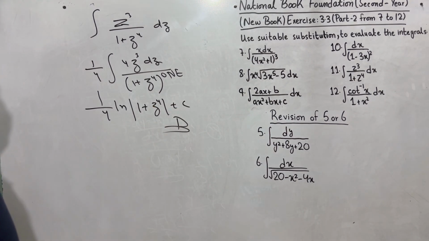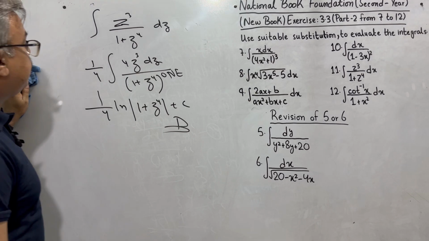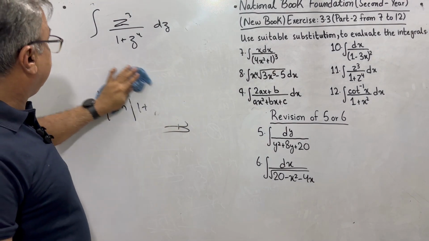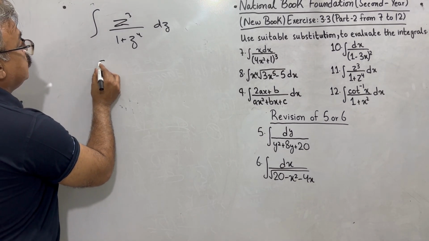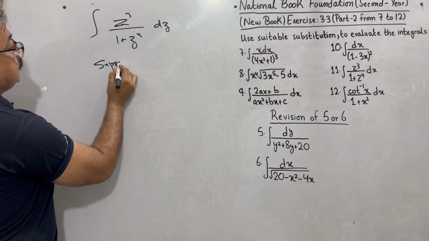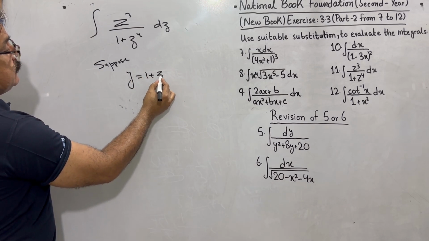We are doing it a bit directly in order to give you a good view. That is a simple substitution, a one-step question. Otherwise, we have to linger on and take trouble to give you the concept. Suppose y is equal to 1 plus z raised to 4.